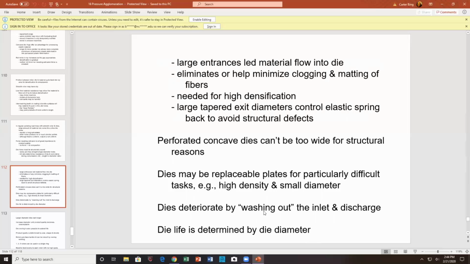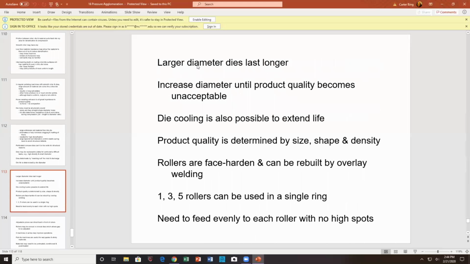Dies deteriorate by washing out at inlet and discharge. Die life is determined by die diameter. Larger diameters last longer. Increase diameter until product quality becomes unacceptable. Die cooling is also possible to extend life. Product quality is determined by die size, shape of what you're trying to make, and density, shape of the die.